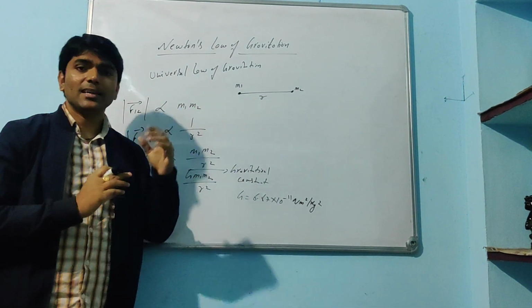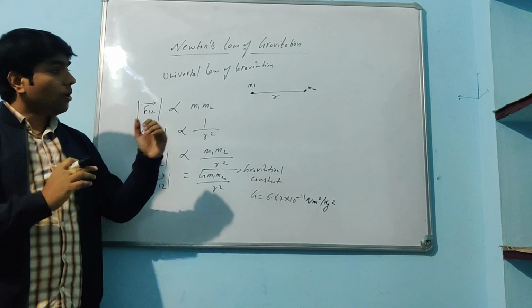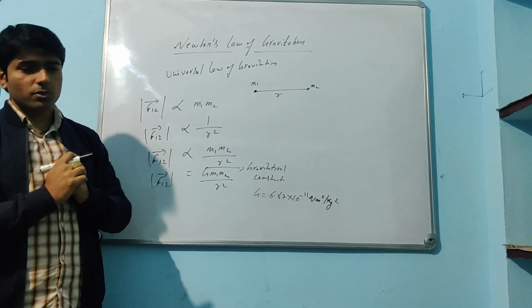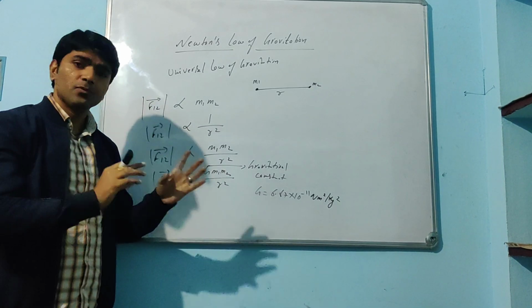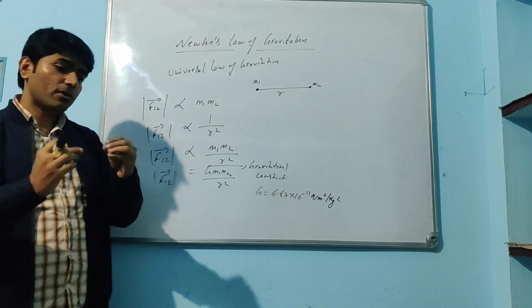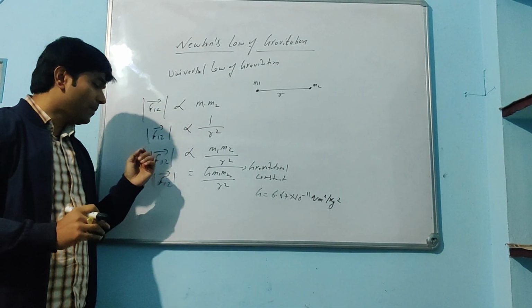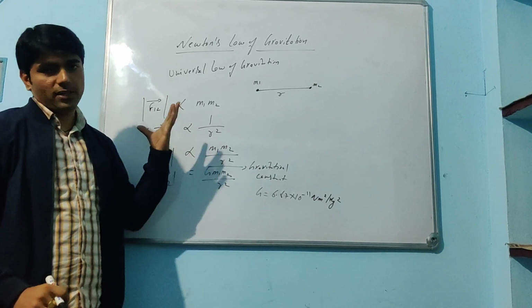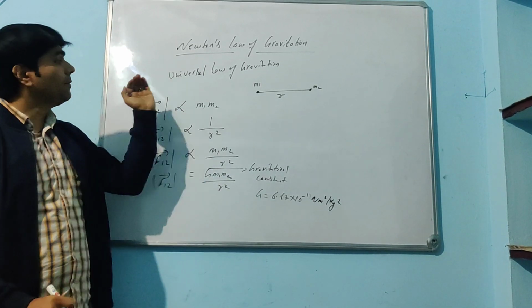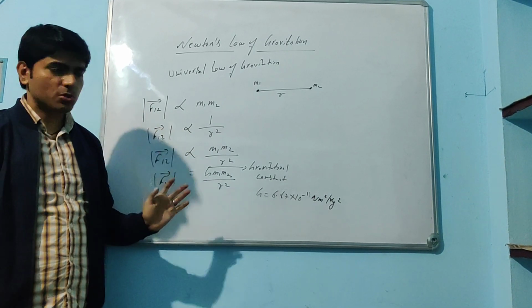But in the case of gravitational force, this value will never change. Whether the two masses are in air, in water, or in other spaces, the magnitude of force will always be G m1 m2 by r square. It is not going to change. For that reason, it is known as the universal law of gravitation. Have you understood this?